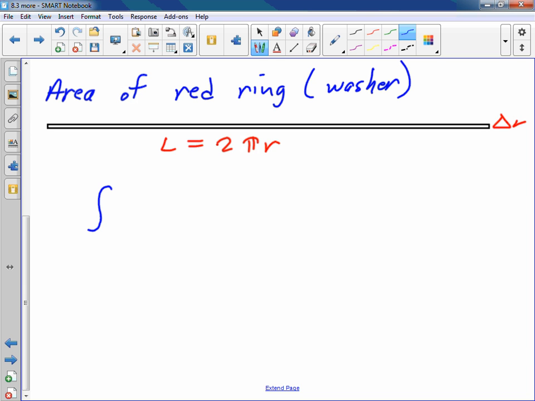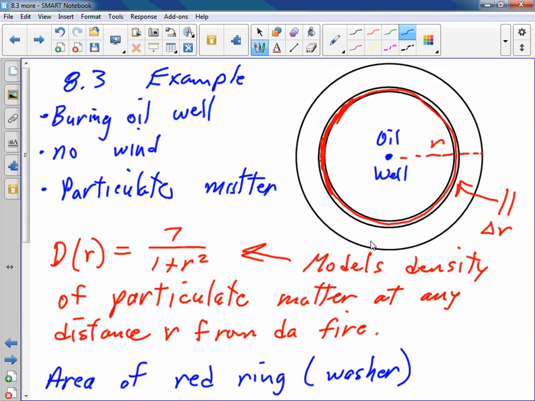Integral sign means the sum of all those rings. Zero to, did I have a distance on this one? Oh, I just said r. Okay, so let's say out here, max r is 100, okay? Kilometers.